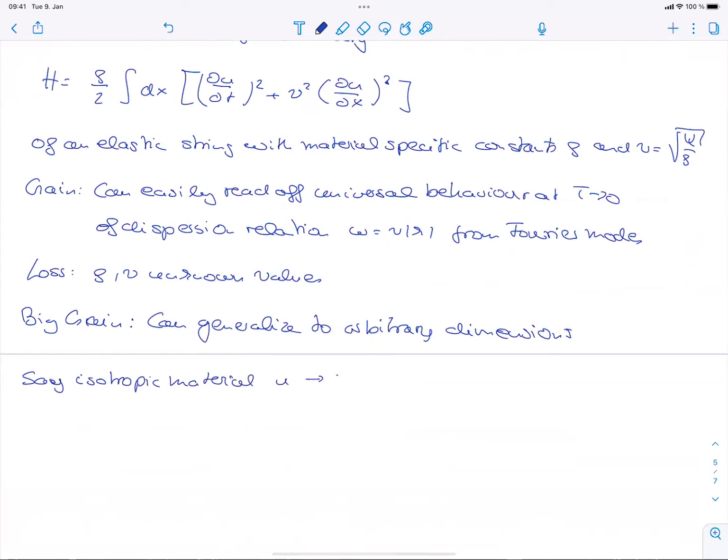Now our U becomes a vector field in 3 dimensions, which I'll denote with U alpha, alpha being the index that now goes over the 3 space dimensions. And then for this isotropic material in 3 dimensions, I can introduce a strain field.